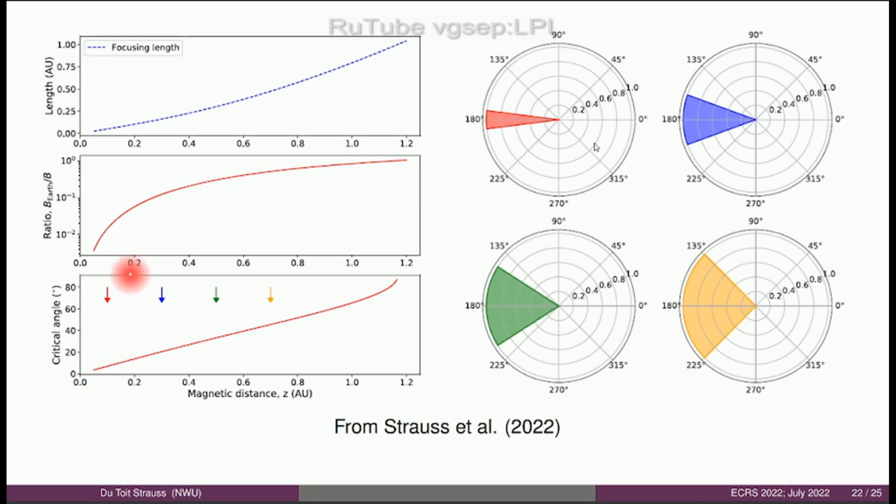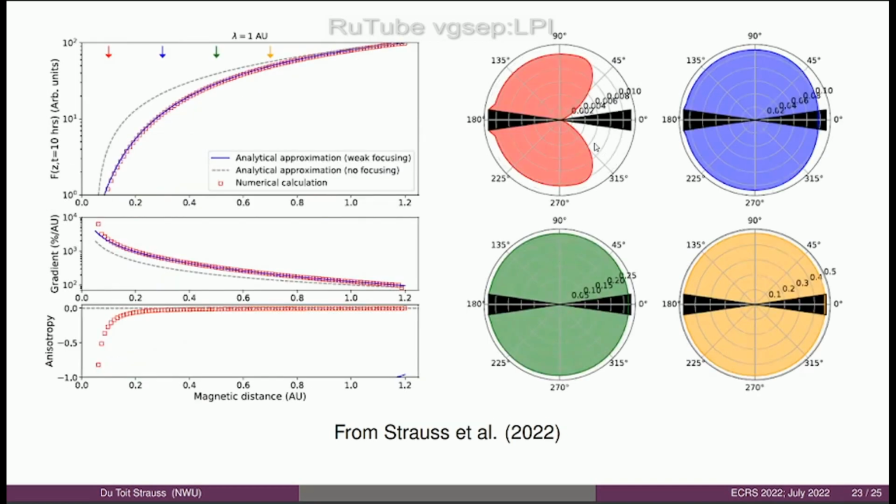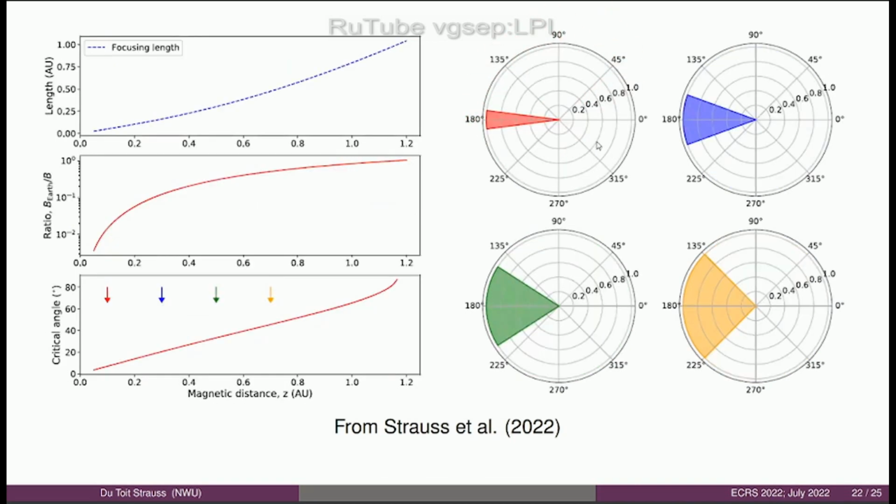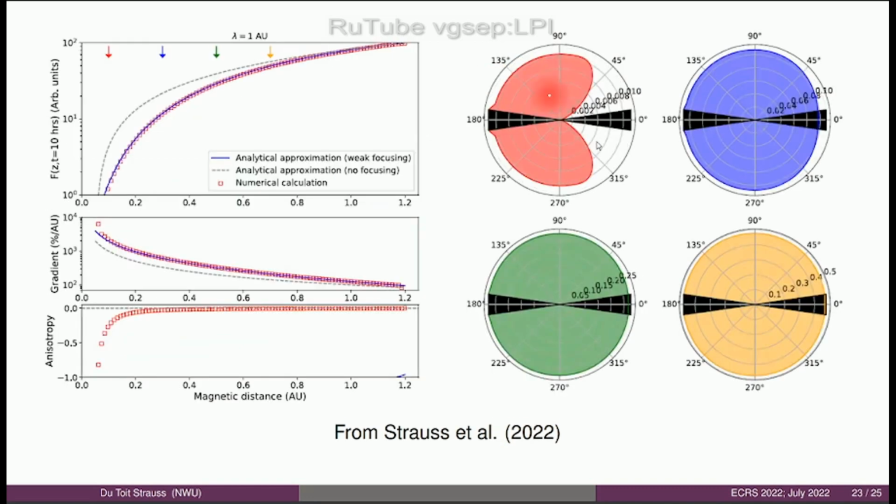So if you're at 0.1 AU, this red arrow, only very few particles in a very narrow cone can actually reach the sun, which possibly also has some relevance for Fermi observations of high energy gamma rays produced by cosmic rays at the sun. However, when you add diffusion, and there's always a little bit of diffusion, it looks completely different. The red distribution changes from that little beamed distribution to something that looks much more isotropic.